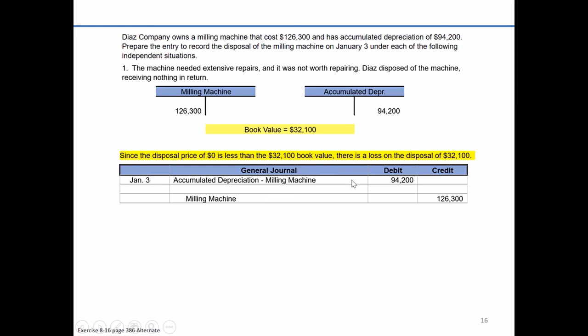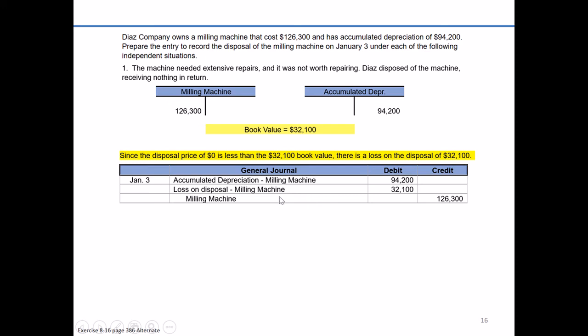A loss fits in the general category of an expense overall. So we would debit the expense account called loss on disposal milling machine for the difference between what we're getting, zero, minus what we're giving up, the book value of $32,100. So we debit it for $32,100, which happens to also be the net book value, because we're receiving nothing, we're just disposing of it.